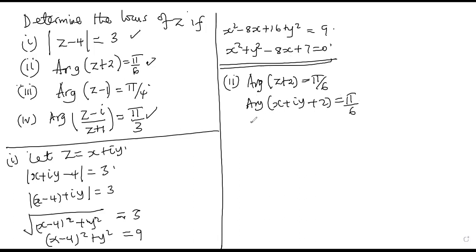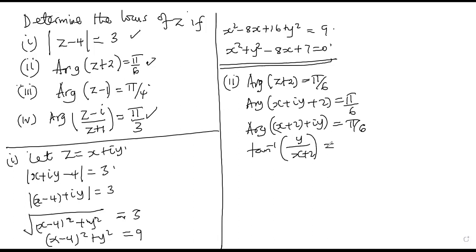So this is argument of the real part x plus 2, then plus iy, is equal to pi over 6. But to get argument, we say that it is the tan inverse of y, the imaginary part, over the real part, x plus 2.